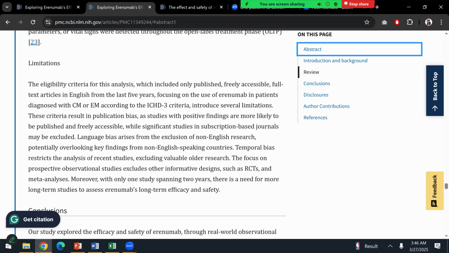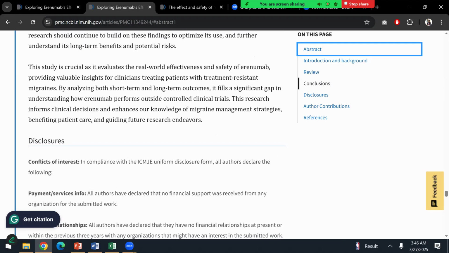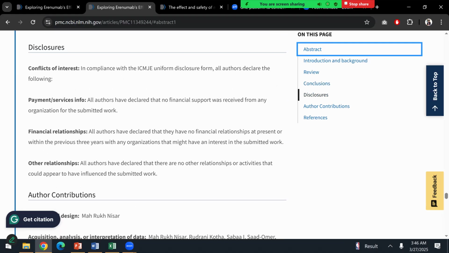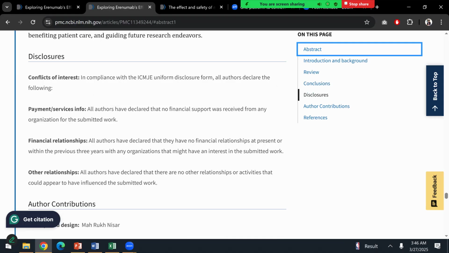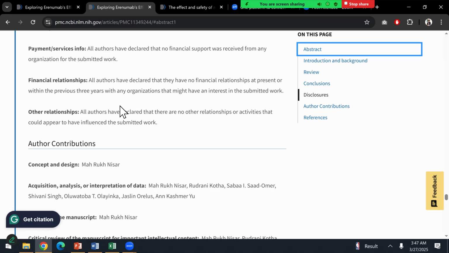So a limitation section and then conclusion that we just studied, and then disclosures: that there's no funding received, there's no conflict of interest among the authors, and there are no patients involved, and no ethical approval was needed.